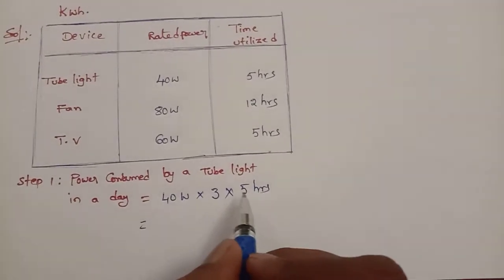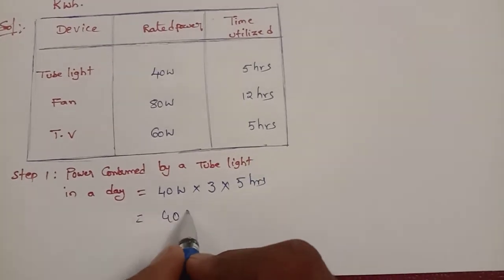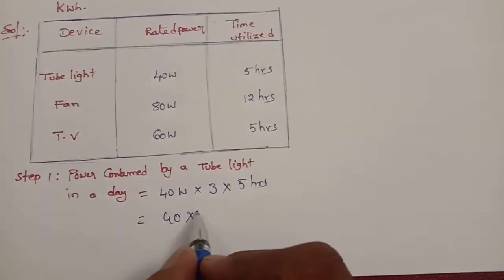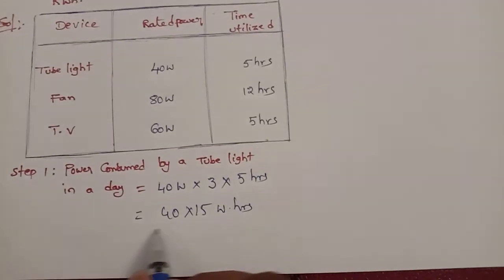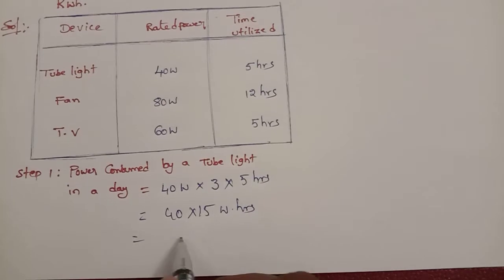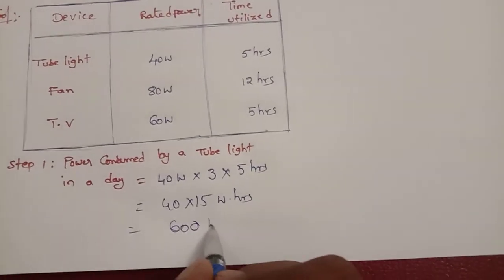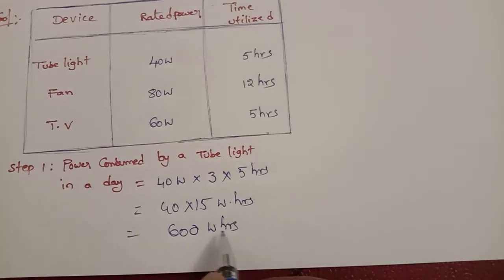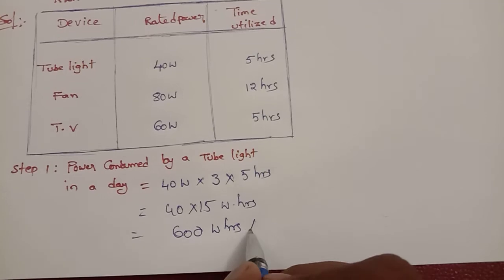In step 1, power consumed by a tube light in a day is equal to 40 into 3 into 5 hours. Here 3 is the number of tube lights as per the problem. So 40 into 15 watt hours, that is 600 watt hours.